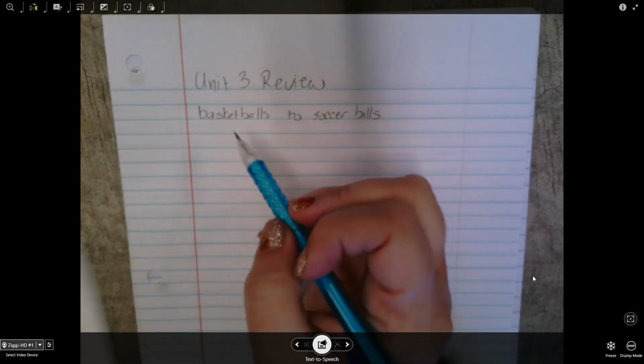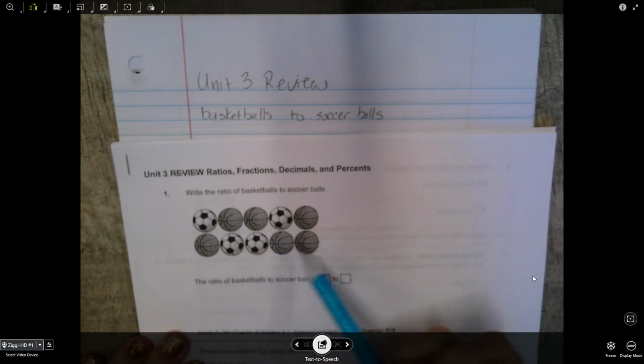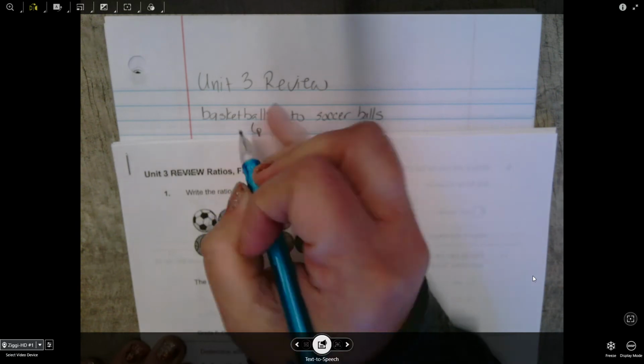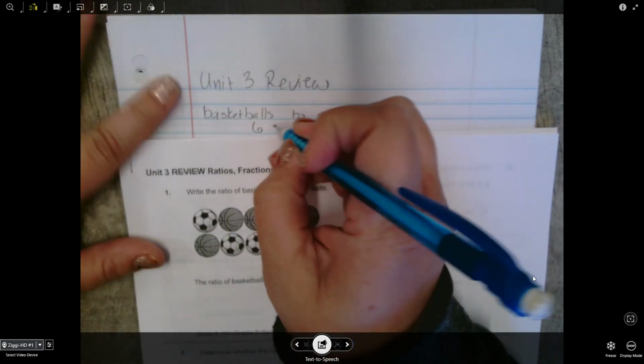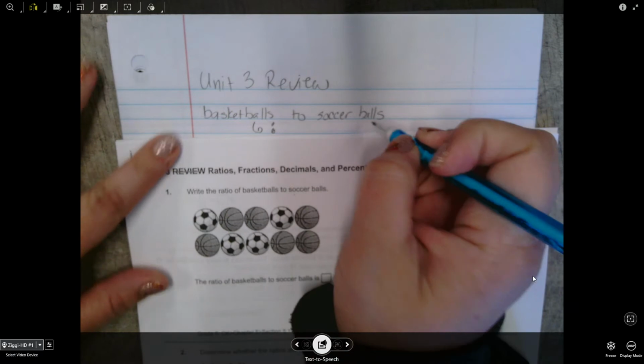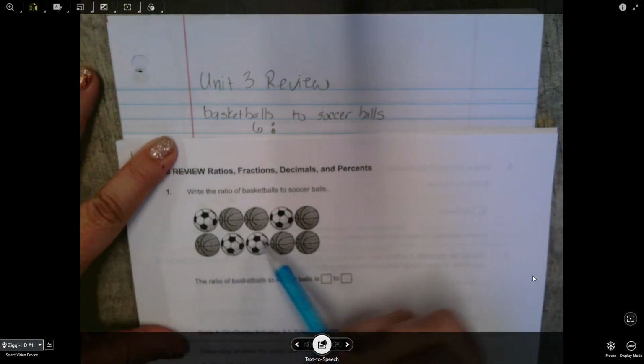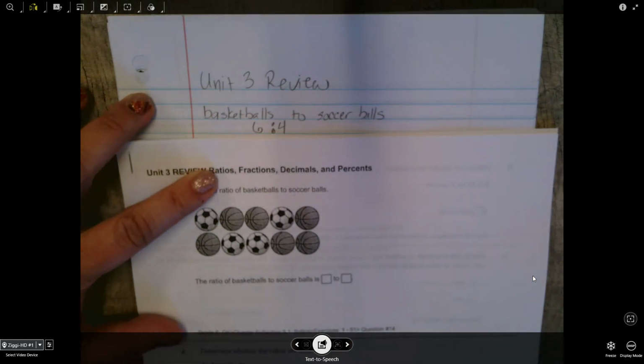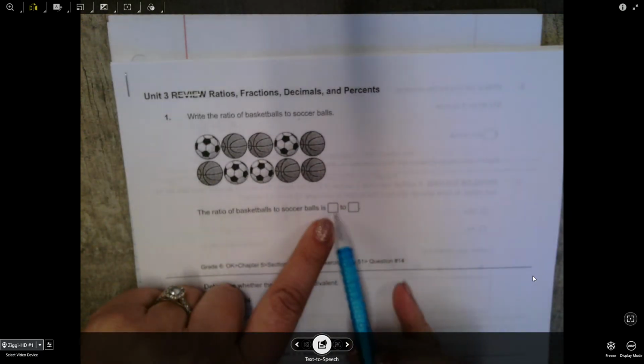So your number of basketballs, we have 1, 2, 3, 4, 5, 6 basketballs. When you see the word to, that's the colon. Soccer balls, 1, 2, 3, 4. Right? So on the boxes, the ratio of basketballs, 6, to soccer balls, 4. 6 to 4.